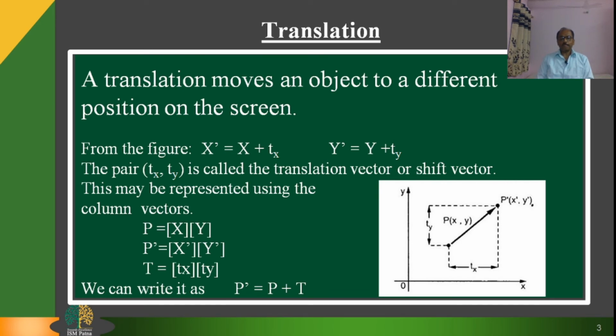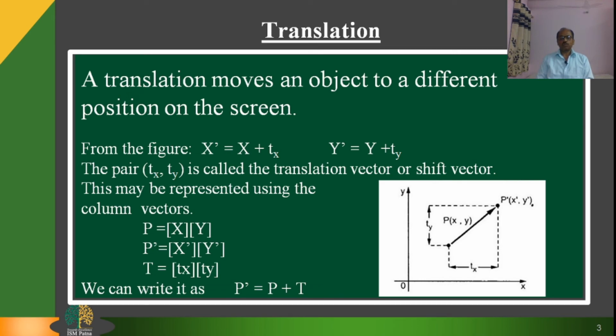In the figure you are seeing two points, one point whose coordinates are P x, y and another, P dash, whose coordinates are x dash and y dash.